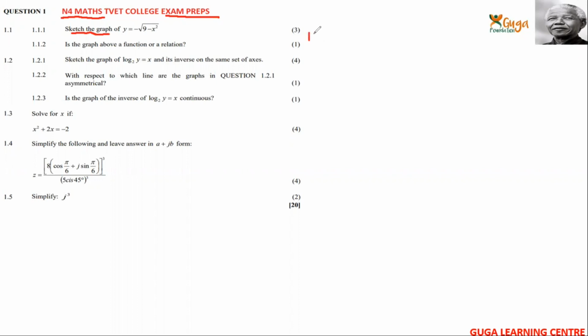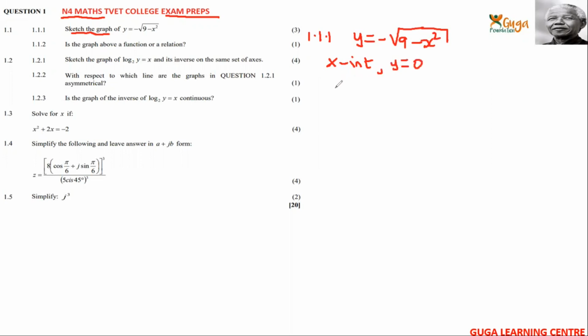1.1.1 y is equals to negative root of 9 minus x squared, right? I'm saying that let's start by x intercept, when y is equals to 0, right?